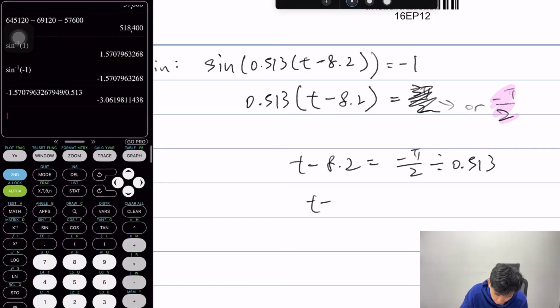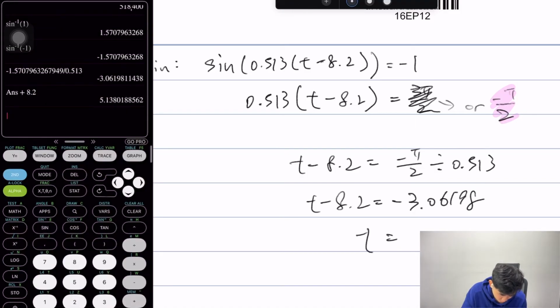So t minus 8.2 is equal to negative 3.06198. So t is equal to plus the 8.2, which is 5.138.